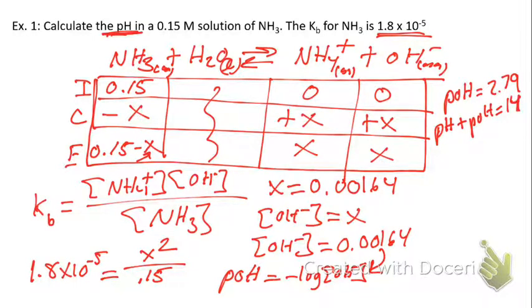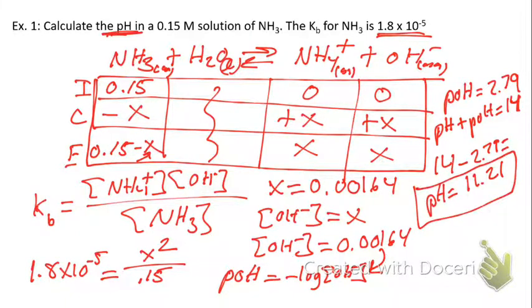So we take 14 minus the pOH, and that equals the pH, in this case 11.21. So for this problem, the pH is 11.21 for this weak base.